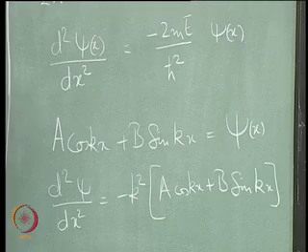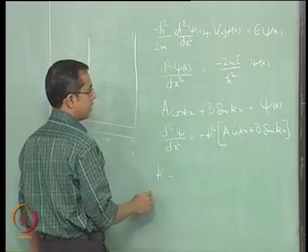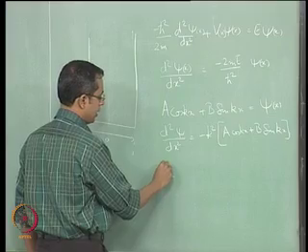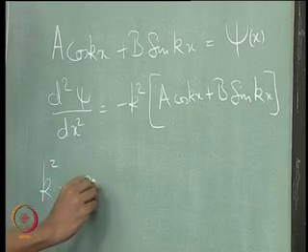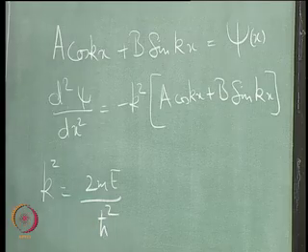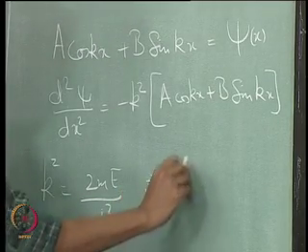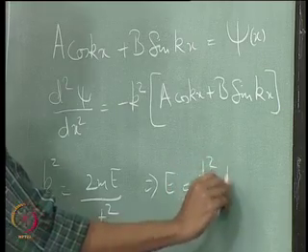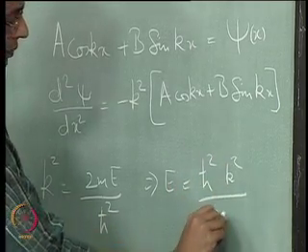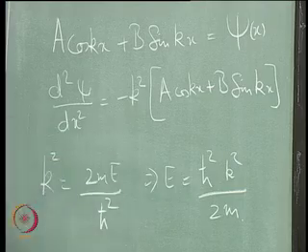So, therefore k square equals 2 me by h bar square, which implies E equals h bar square k square by 2m, simply taking this equation and rearranging the terms.